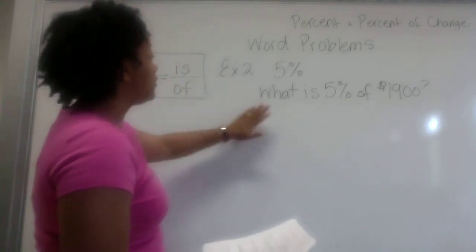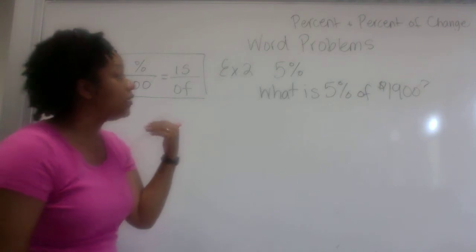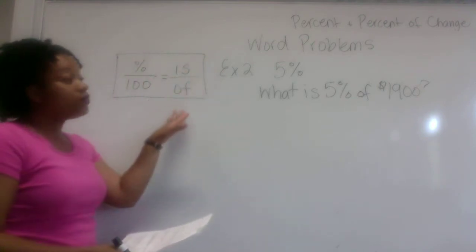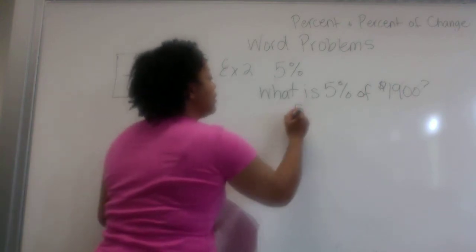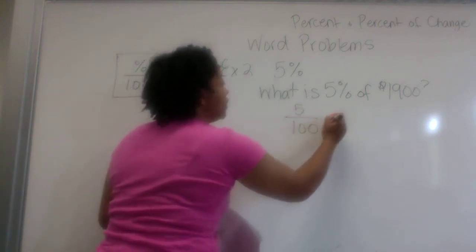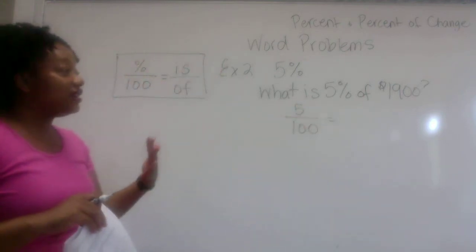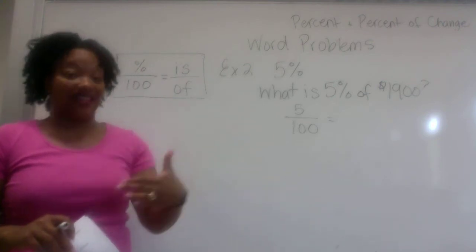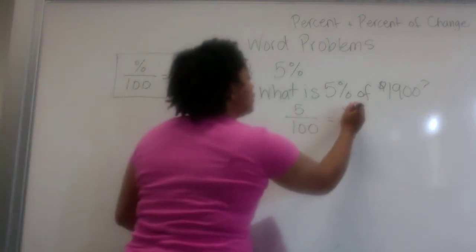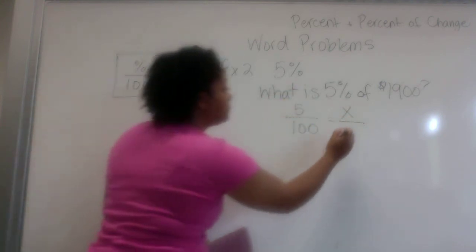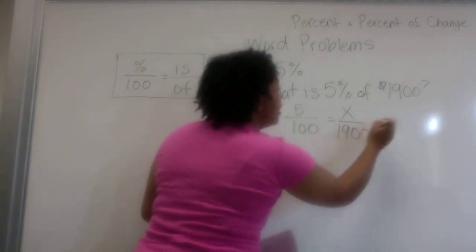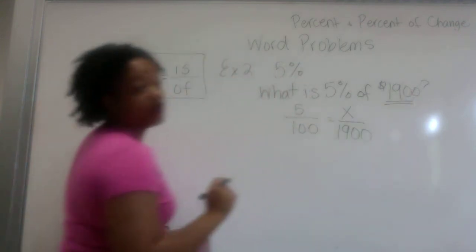And now you're set. This is just like the problems in example one. Well, think about your proportion. 5%, that's going to be the left-hand side, so that's 5 over 100. We don't know what is, so our x goes in the numerator, and 1,900 goes in the denominator, because you've got to remember that's the number that follows the word of.